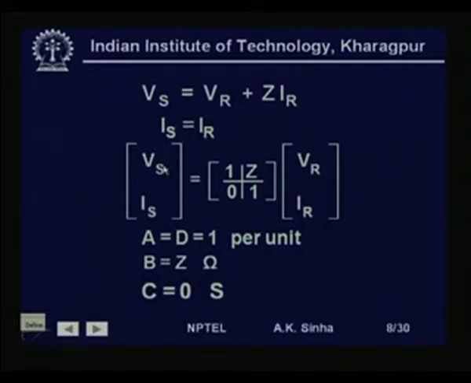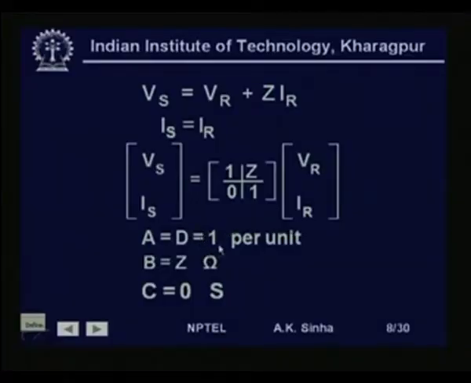Therefore, writing it in terms of matrix equation for ABCD parameters, we have V s I s is equal to V r plus Z into I r, and I s is equal to 0 into V r plus 1 into I r. That is, ABCD parameters from here, if we see, are A is equal to D is equal to 1 per unit, and B is equal to Z ohms, and C is equal to 0 Siemens.